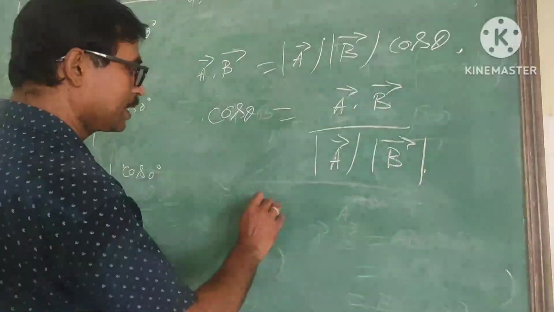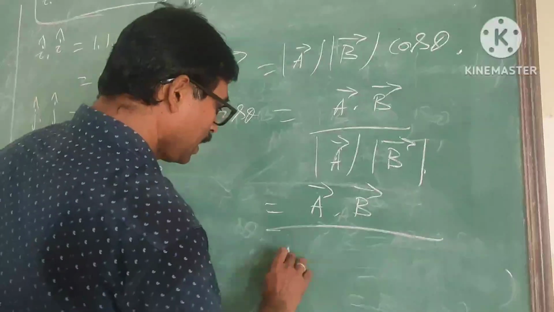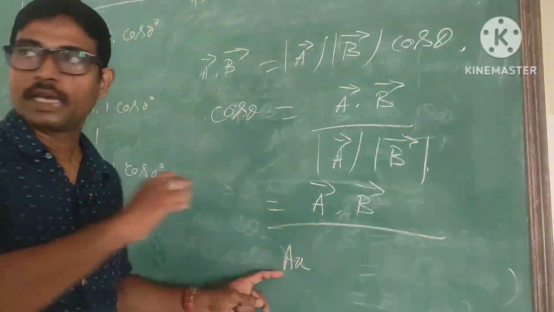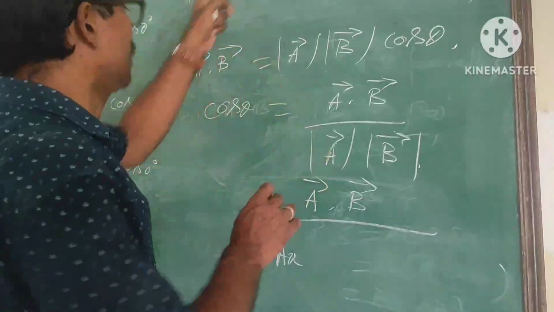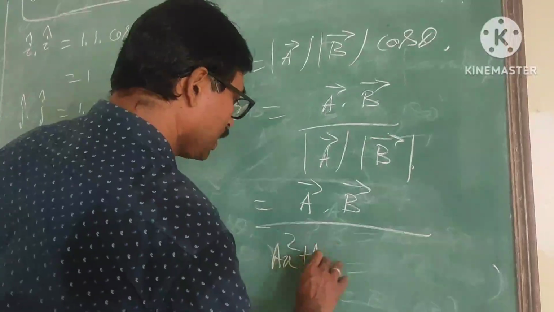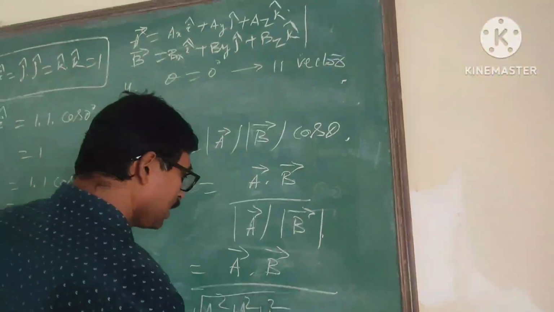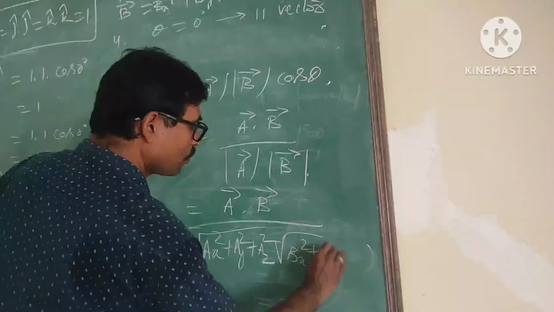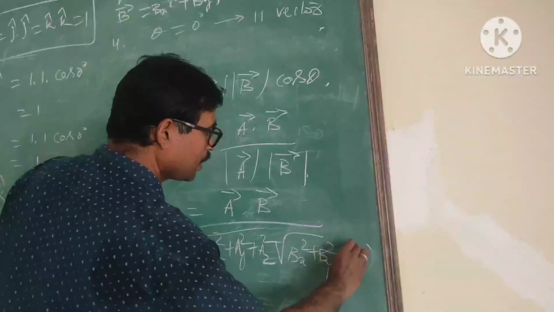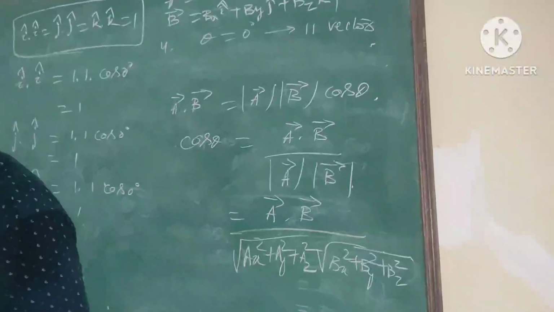In terms of rectangular components, it is ax bx plus ay by plus az bz over the square root of ax square plus ay square plus az square, times the square root of bx square plus by square plus bz square. In this way you will calculate the value of cos theta.